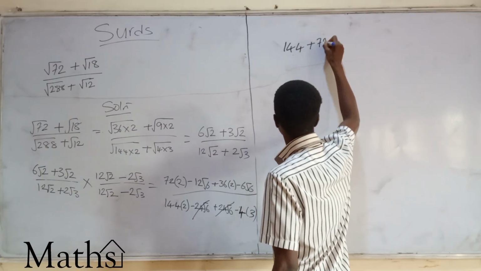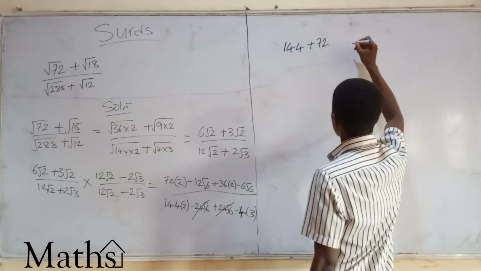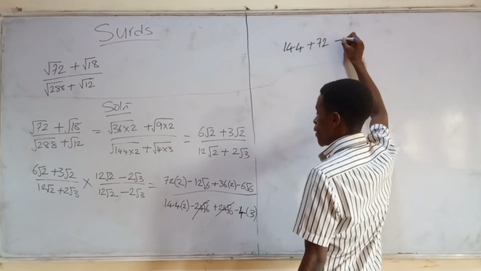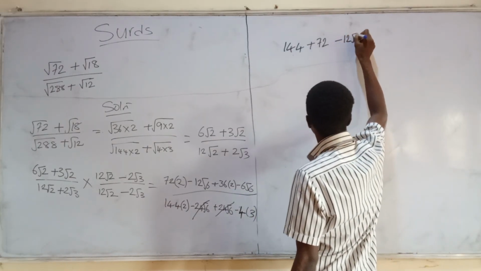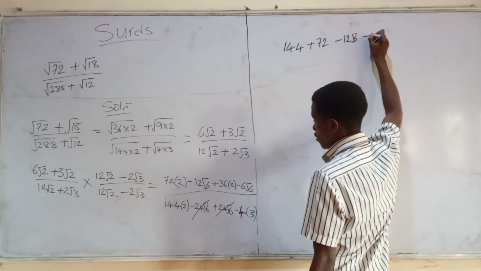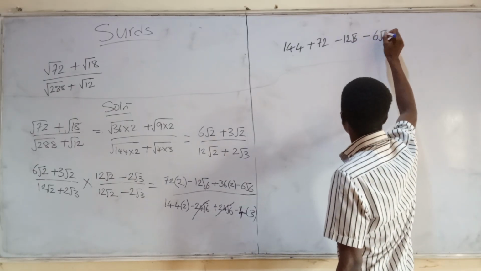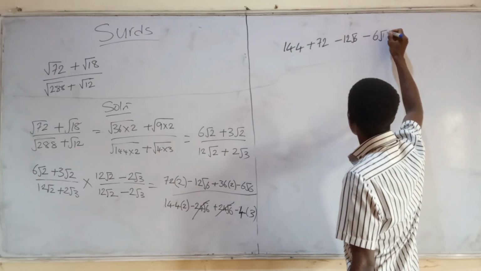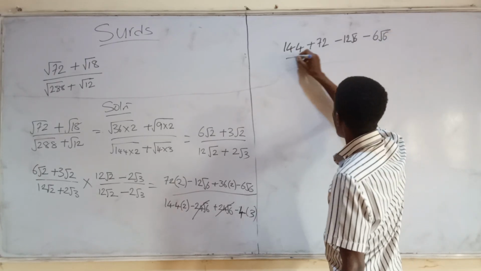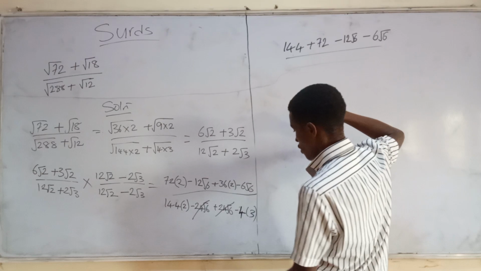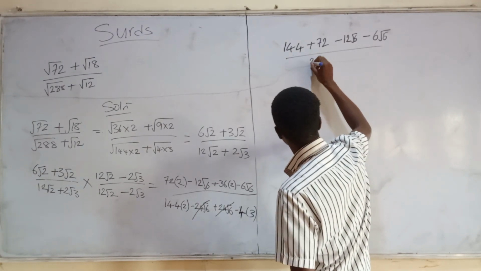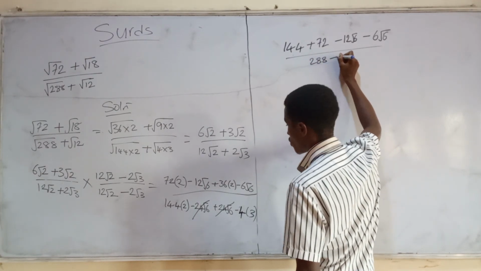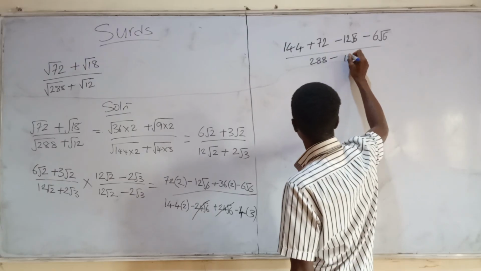Plus 72. This one is what? Minus 12 root 6 minus 6 root 6 over 288 minus what? 12.